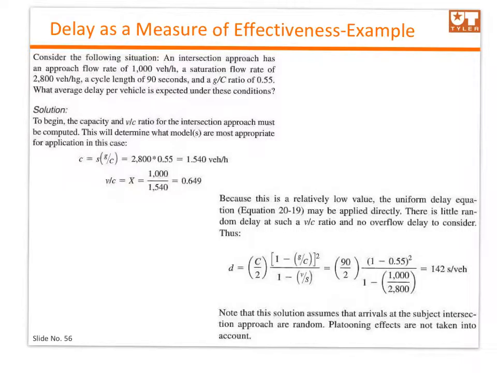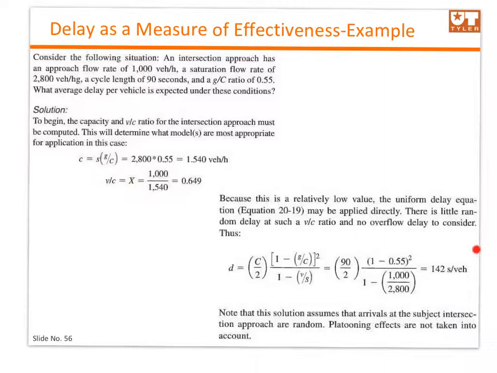The uniform delay equation, as we talked about before: D is equal to C over 2, where C is the cycle length, 90 seconds, over 2, times (1 minus 0.55), which is the G over C ratio, over (1 minus 1000, the flow rate, over 2800, the saturation flow rate).